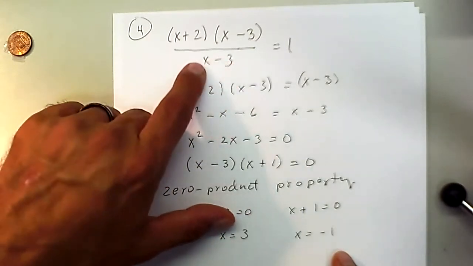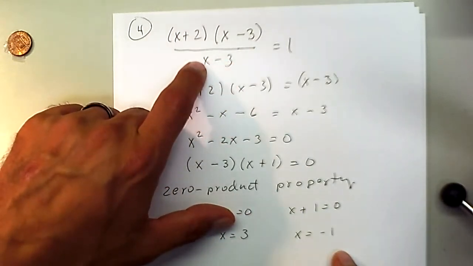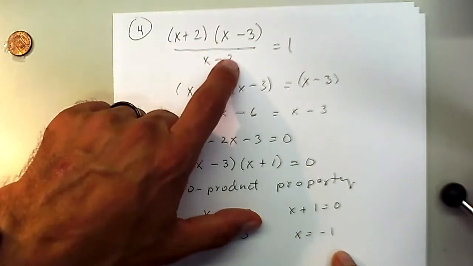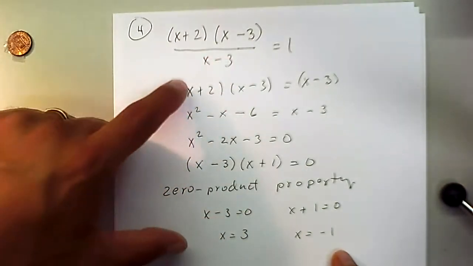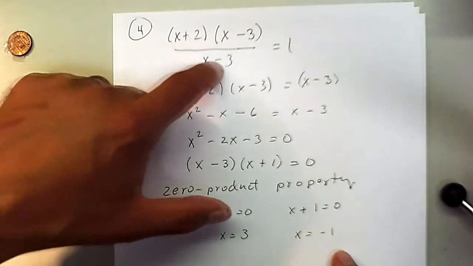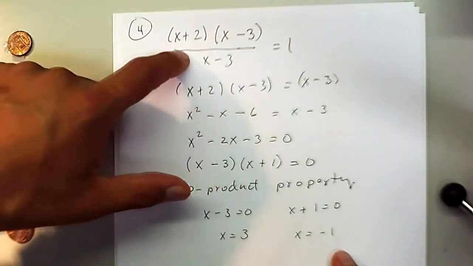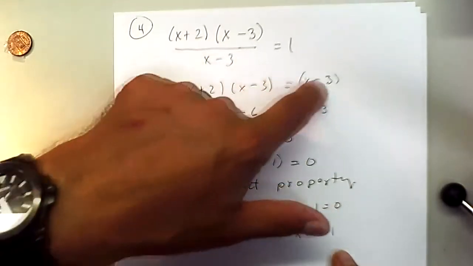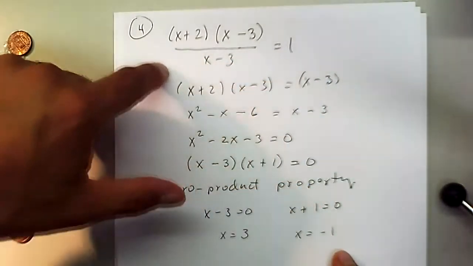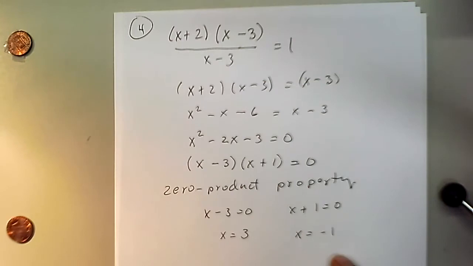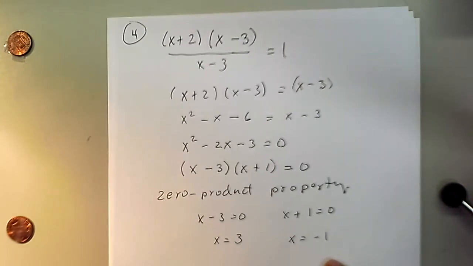If we don't know the value of x, then we still don't know the value of x minus 3. So x minus 3 as a whole is a variable, and we're multiplying by that variable. And so we could have a solution that sneaks up, and it did.